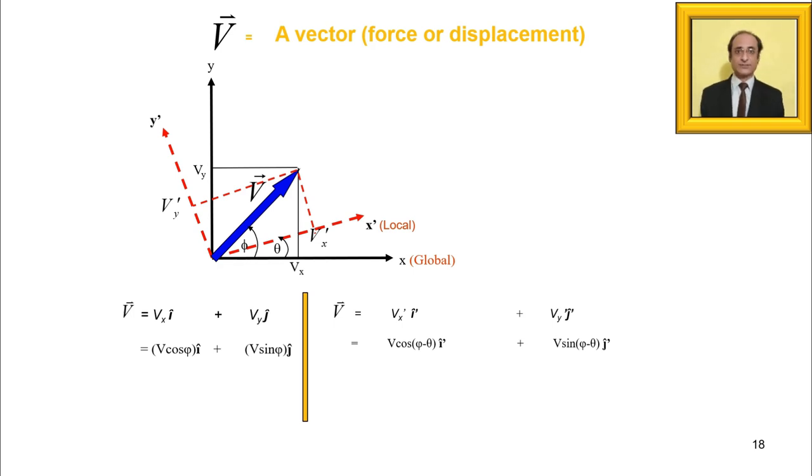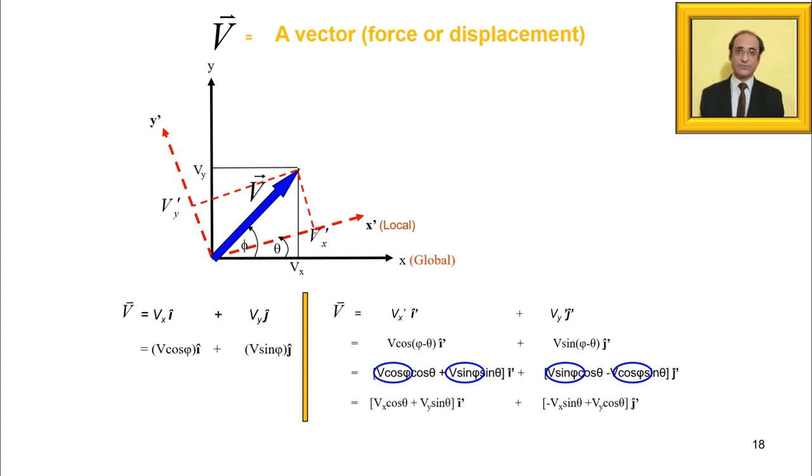So that's what we have done, and now we can expand this. So this is what we get. Now do you find any relation between this and this part? These are familiar terms now. This is Vx and this is Vy. So now this is the basis for our relationships that we have here.